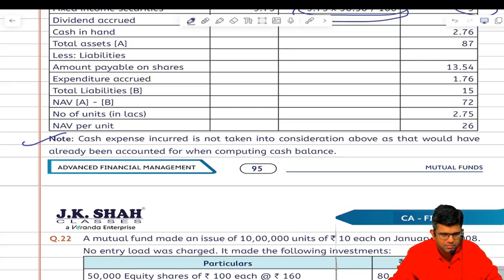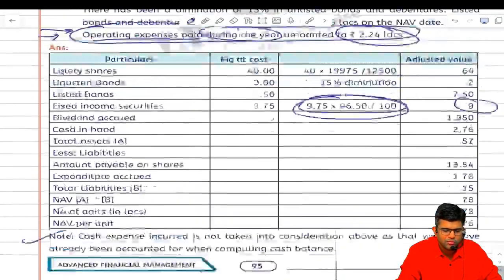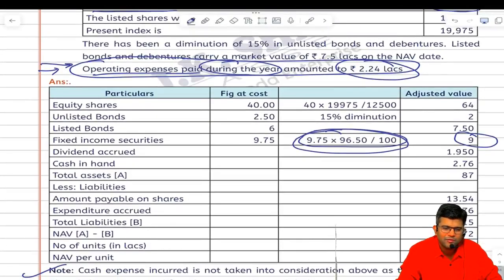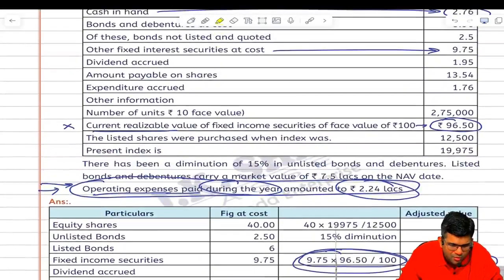100% following. Okay. Now I want to tell you, in one of ICAI's past exam questions, listen carefully, they gave the same question.